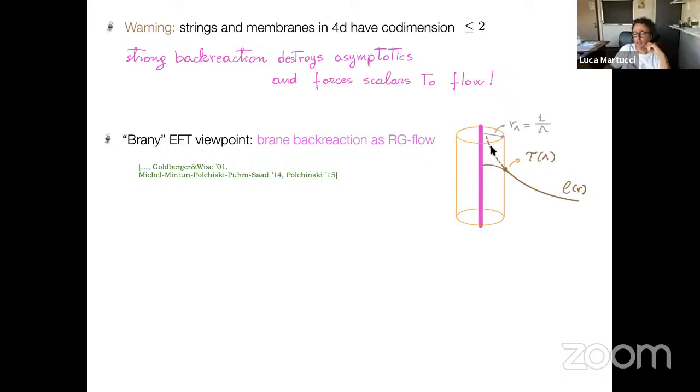So for instance, the flow induced on the scalar sector implies a corresponding running of the tension of the string, which is more precisely defined at the cutoff scale characterizing the effective field theory. As you change this cutoff scale, this change of the profile of the surrounding scalars will induce a corresponding change in the tension of the string.